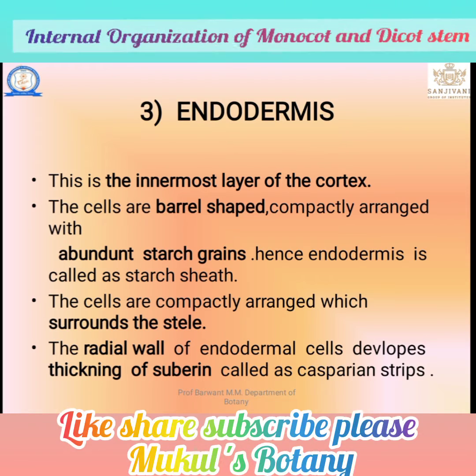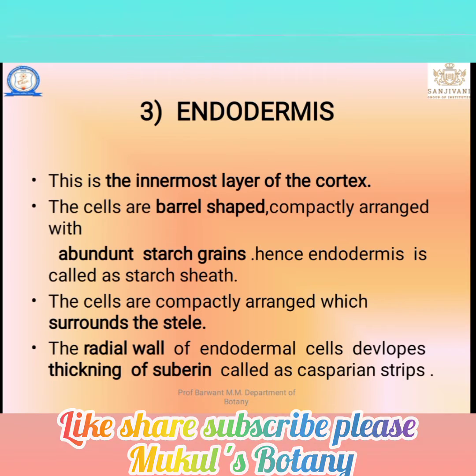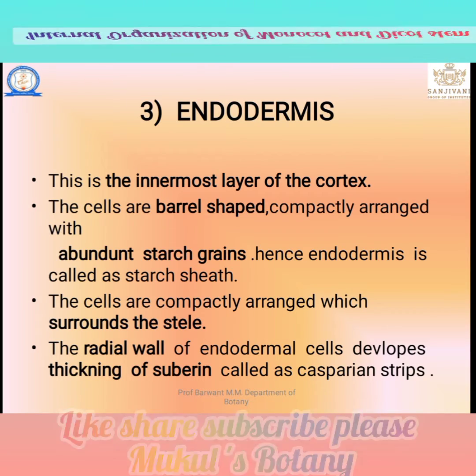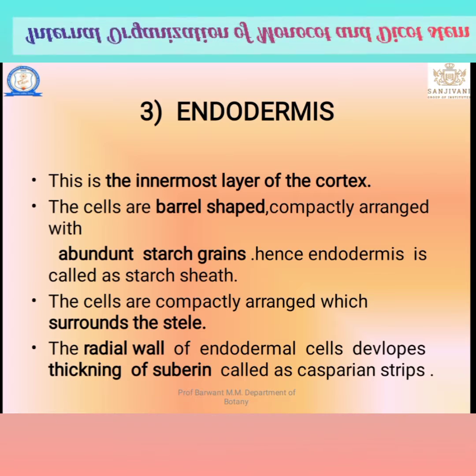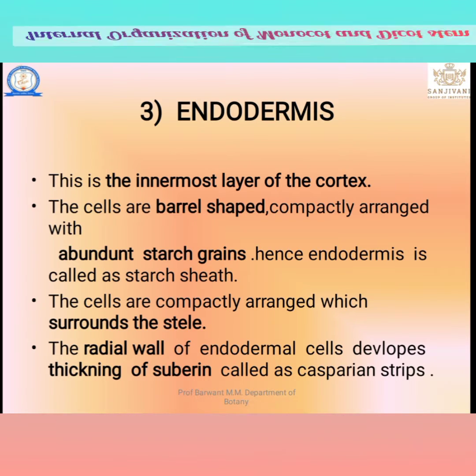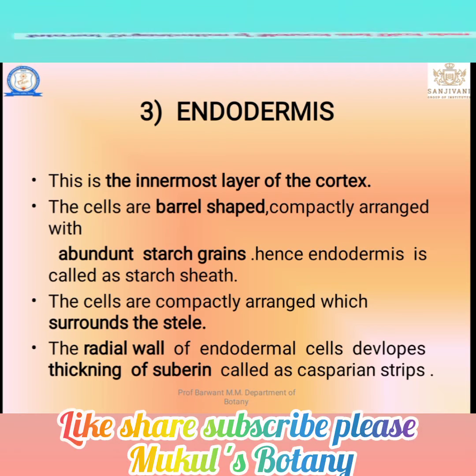Keep in mind, what is the starch sheath? It is nothing but the type of endodermis bearing starch cells, known as a starch sheath. Cells are compactly arranged, surrounding the stele. The radial walls of the endodermis develop some thickening.